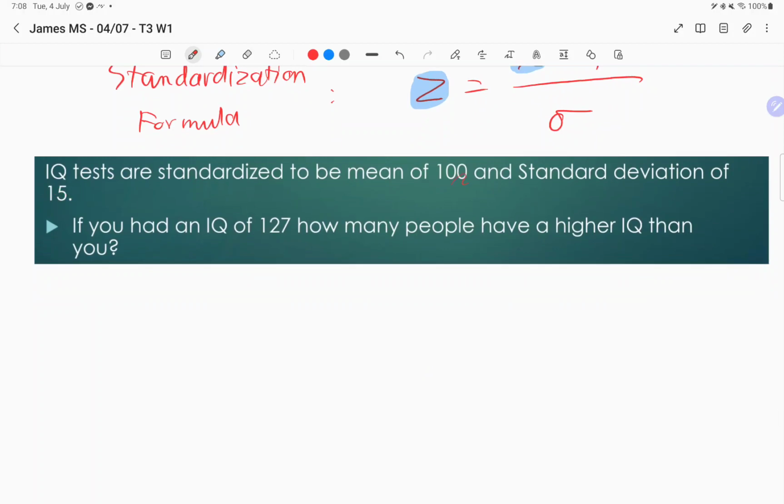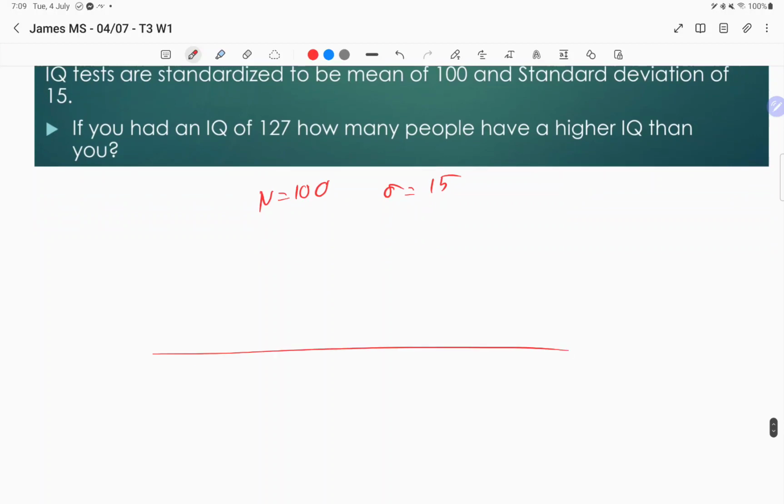IQ tests are standardized to be mean 100, standard deviation of 15. So mean is 100, standard deviation is 15. And then you have an IQ of 127. Before we get to the question, you can actually map it out using the normal distribution, not the standard normal distribution. Because you add 15: 115, 130, 145.